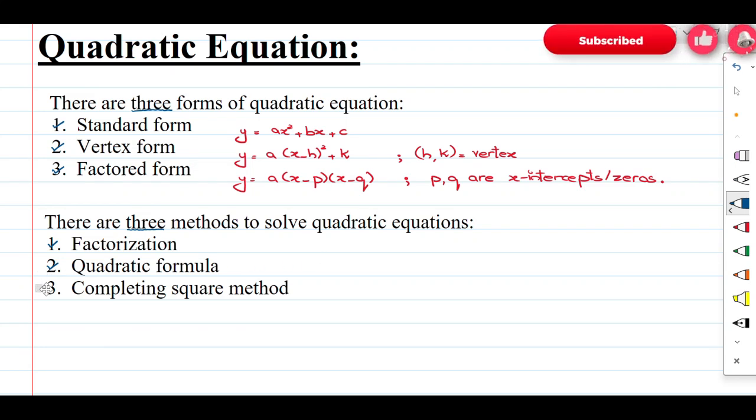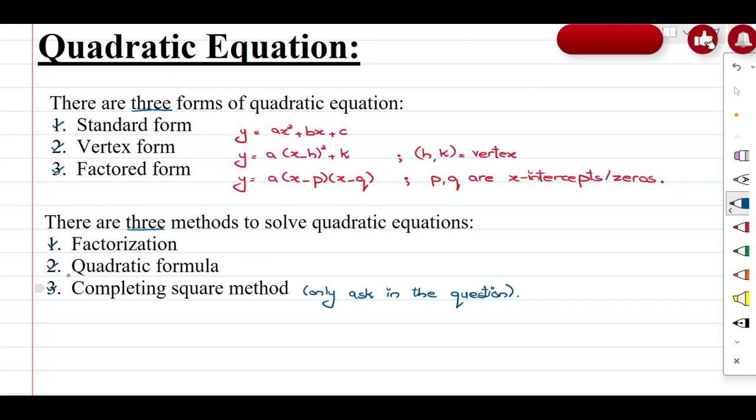But the completing square method you have to apply only when asked in the question. When there is a requirement in the question that you have to solve this quadratic equation by the method of completing square, then you have to apply the completing square method in your exam. Otherwise, it is better to prefer factorization or the quadratic formula, right?